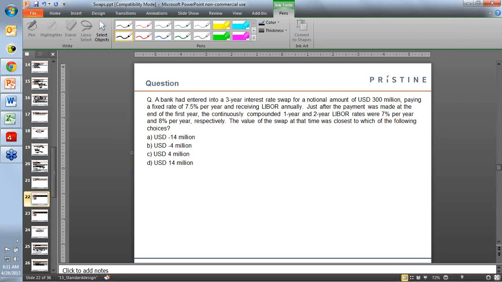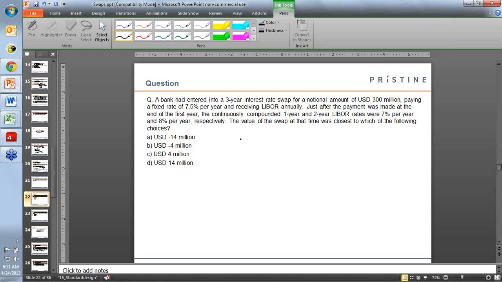Just after payment was made at the end of the first year, the continuously compounded 1-year and 2-year LIBOR rates were 7% per year and 8% per year respectively. We need to find the value of the swap at the time mentioned.